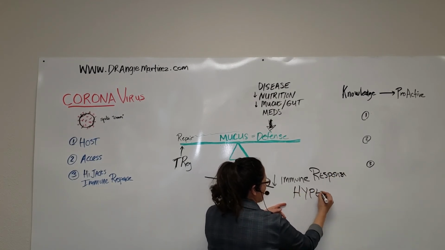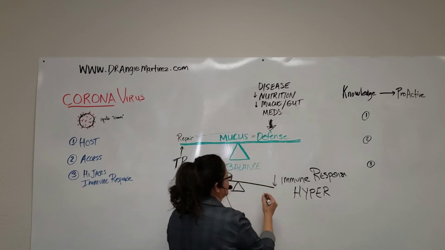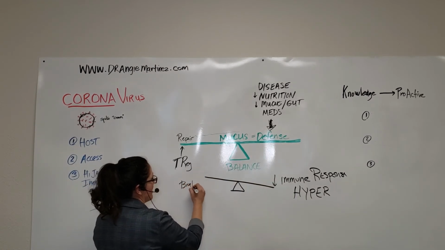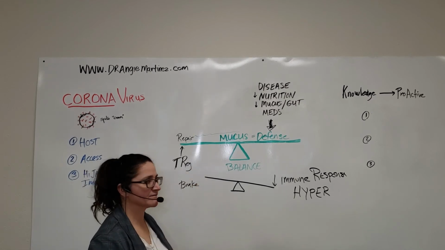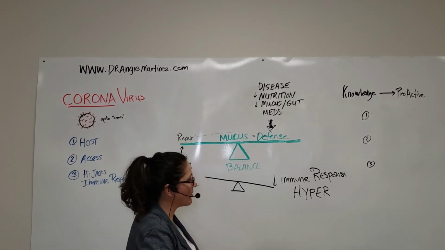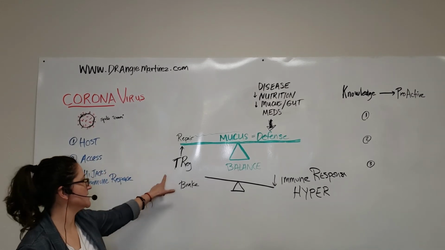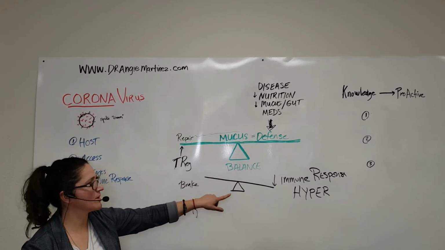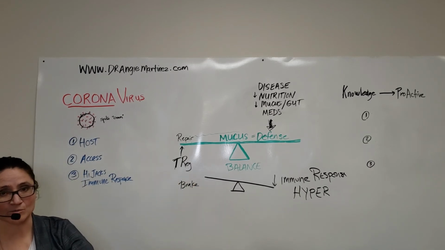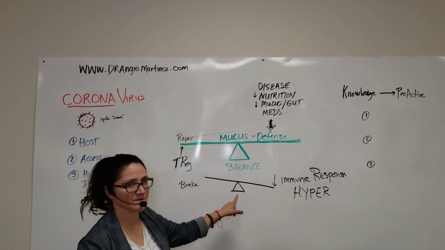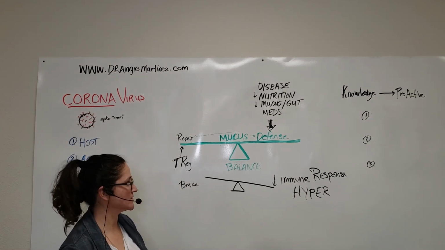They're hyper responsive, hyper vigilant, because they don't have the T-regs to put the brakes on this inflammation that gets started because of this imbalance. So it's really important to have this balance and to have the T-regs to put a brake on that hyper responsive reaction. That's important with the coronavirus because the coronavirus is going to mess with this. And that's what gets us in trouble.